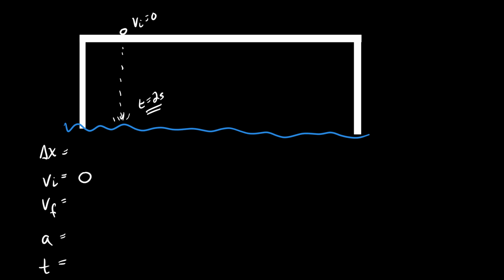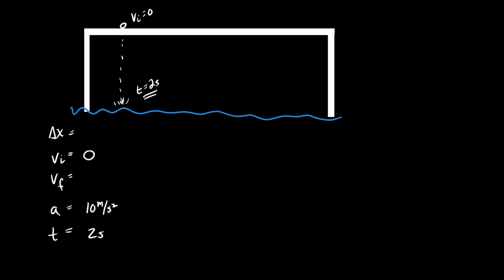Yes, 0. Do we know the final velocity of the rock? No. Do we know the acceleration of the rock? Yes. 10 meters per second squared. Do we know the time it takes for the rock to reach the ground, or the water? 2 seconds. Do we have 3 pieces of information? Yes, we can likely solve for whatever we are missing.